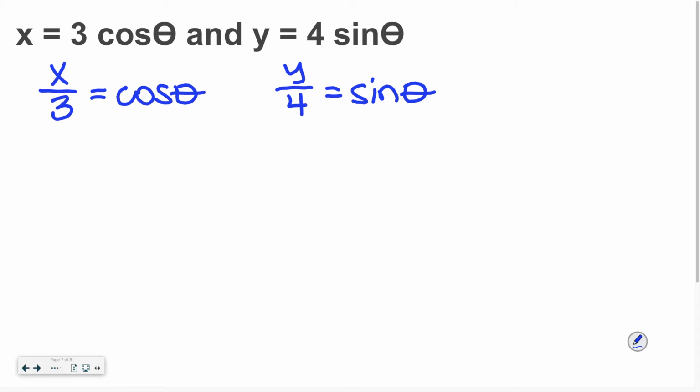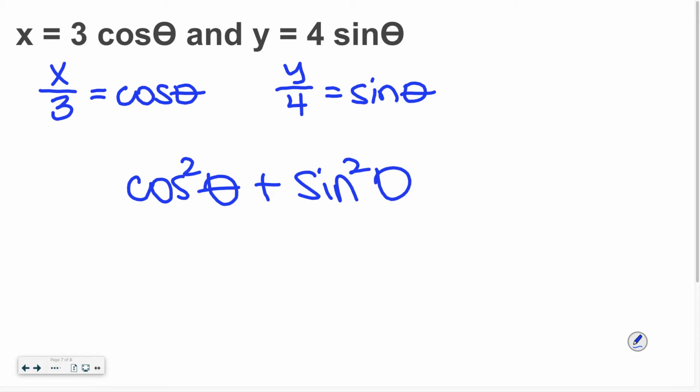I don't want tangent. I want an identity that only has sine and cosine. Equal 1 if we square them. It equals 1 if you square them both. Yes, you are right, Dallas. Sine squared plus cosine squared equals 1. Do you remember that?